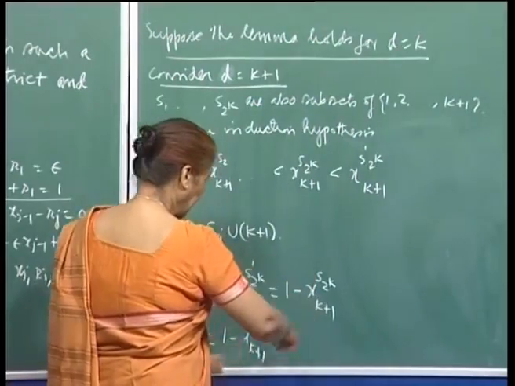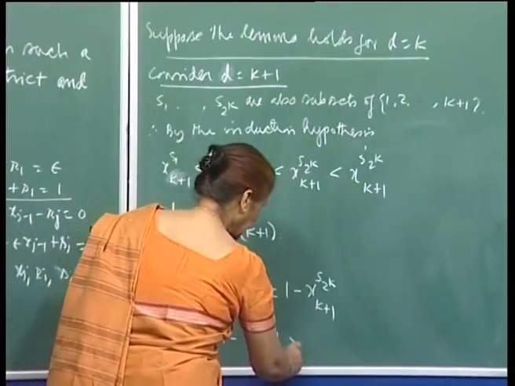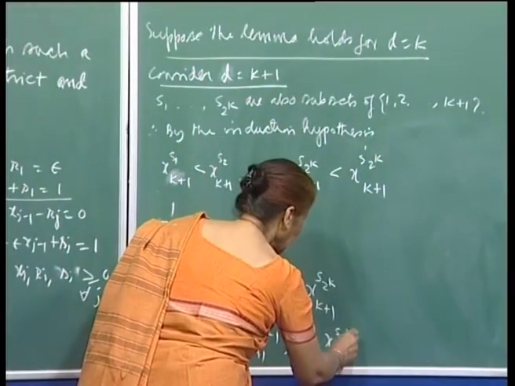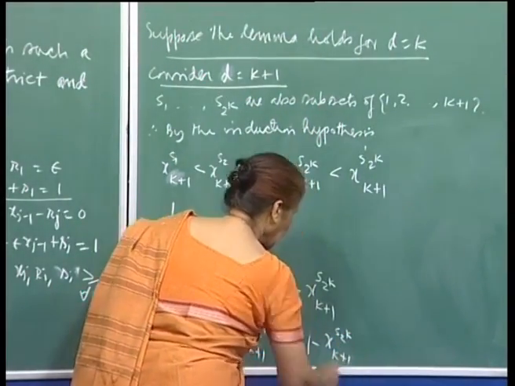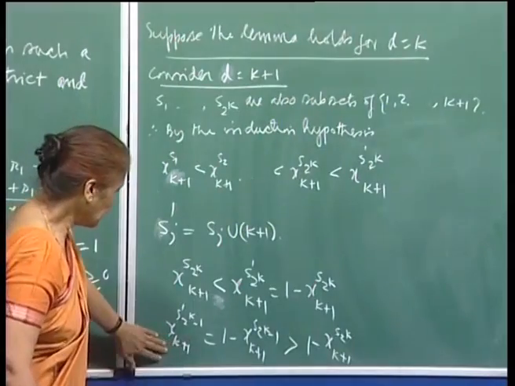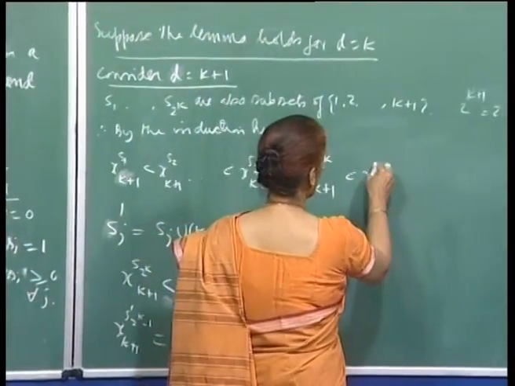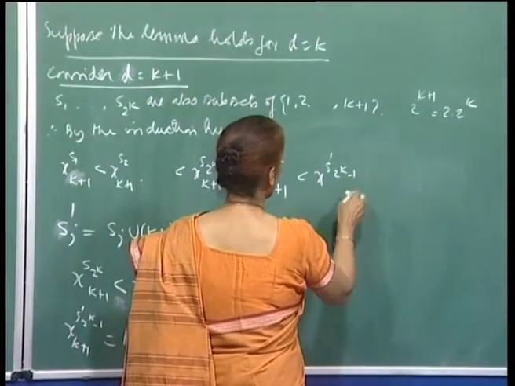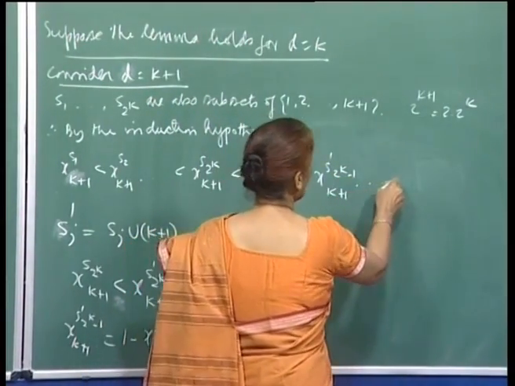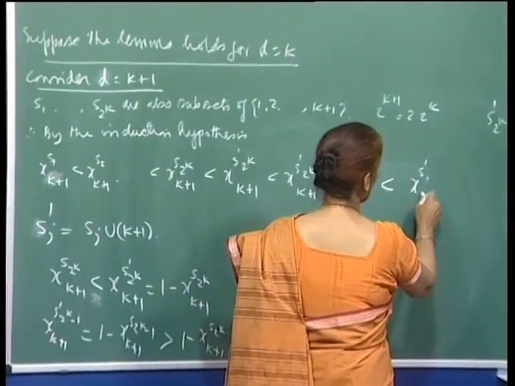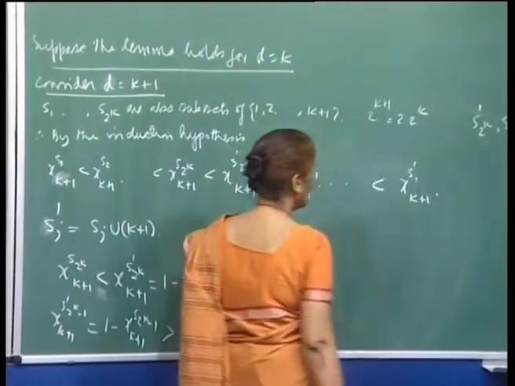So, when you do 1 minus, this will be greater than 1 minus x s 2 raised to k plus 1, and so you have the ordering that this number is bigger than this. So, therefore, I will write here x s prime 2 raised to k minus 1 k plus 1 and so on, and finally you will reach s prime 1 k plus 1, and that is your ordering.